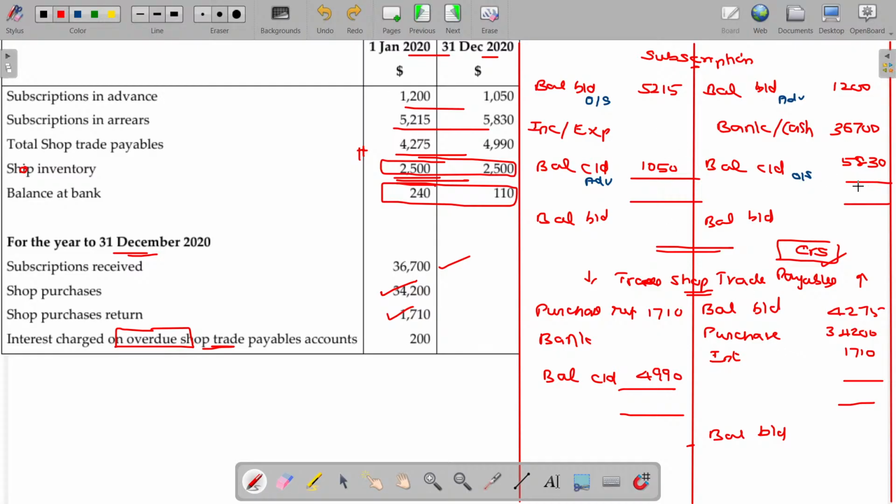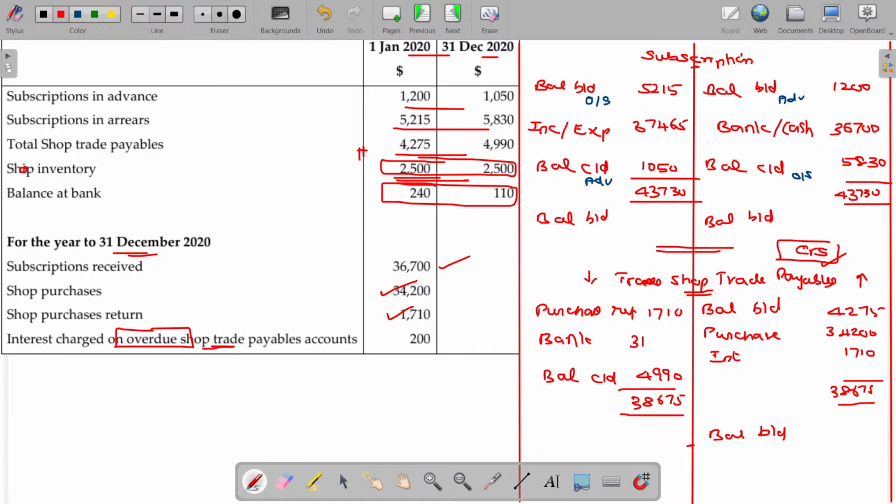Now I can tally this, the value being 43,730, and the balancing figure here being 37,465. So if I tally this, the balance being 38,675. This balancing figure will be considered as payment made to them.